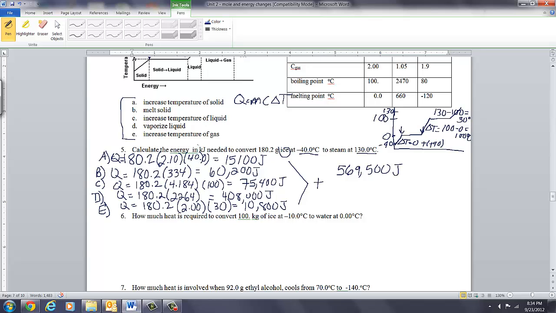But then the final thing, I said kilojoules. So I'm just going to do a quick conversion because I know in 1 kilojoule there's 1,000 joules. So my answer to 3 significant figures is 570., I put that decimal to make that zero count, kilojoules.